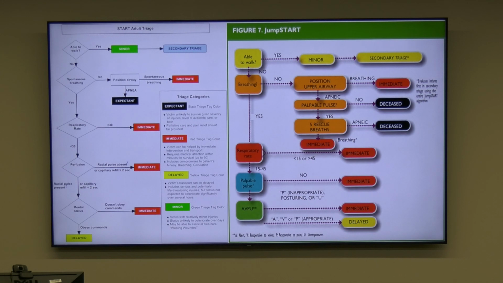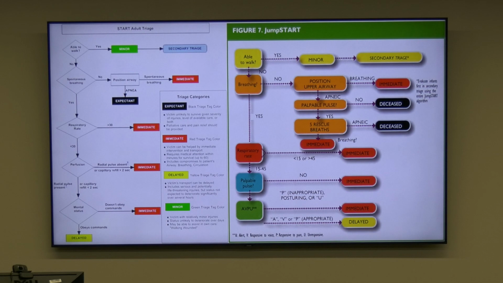If they are not, you need to position the airway, and if they then get spontaneous breathing, they are considered immediate, and if they are apneic, then they are expectant. Expectant is the equivalent of a black triage tag color. This can be people that are already dead or very unlikely to survive given the severity of injuries, level of available care, or both.